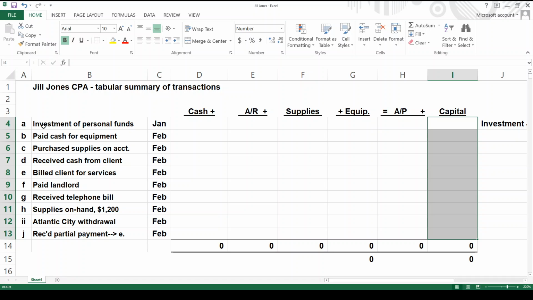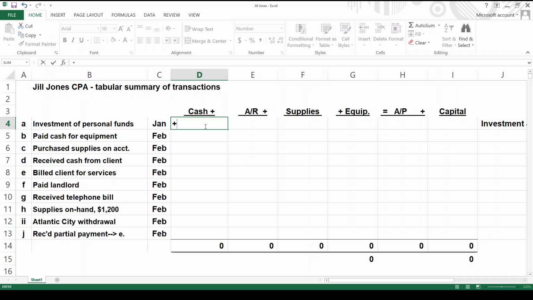So my first make-believe transaction, Jill takes $10,000 out of her Beauty and the Beast pillowcase and deposits it into a brand new business checking account. Her cash goes up $10,000. Okay. That's an investment. That's going to increase capital.